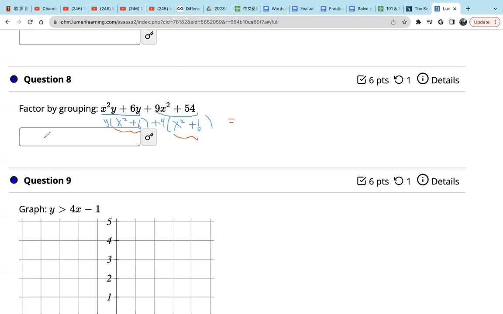So we factor out x squared plus 6 as a factor, in parentheses. Then what's left? y plus 9. So y plus 9 is the second factor. And then this cannot be factored any further in real number system. So we're done.